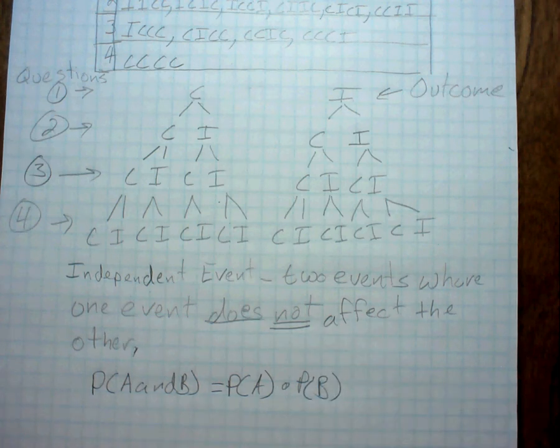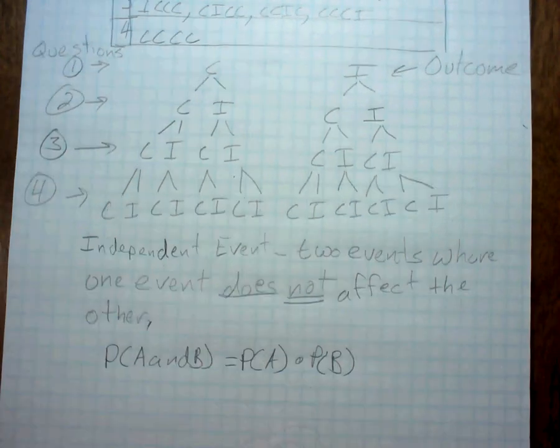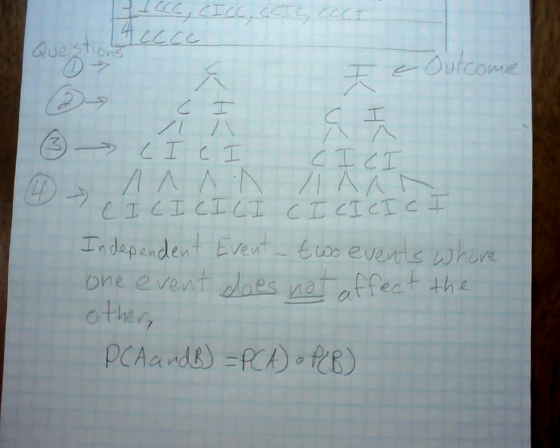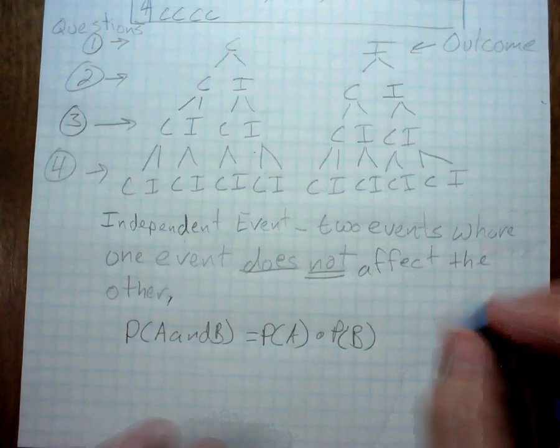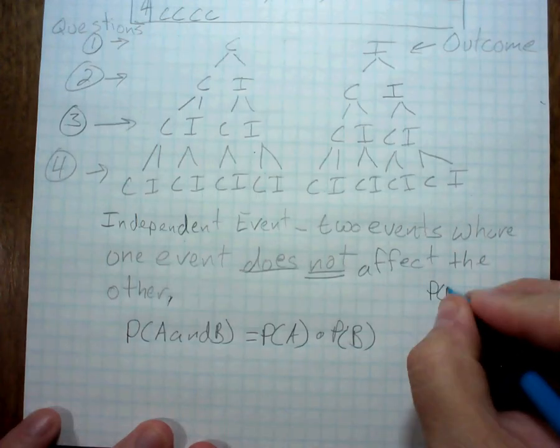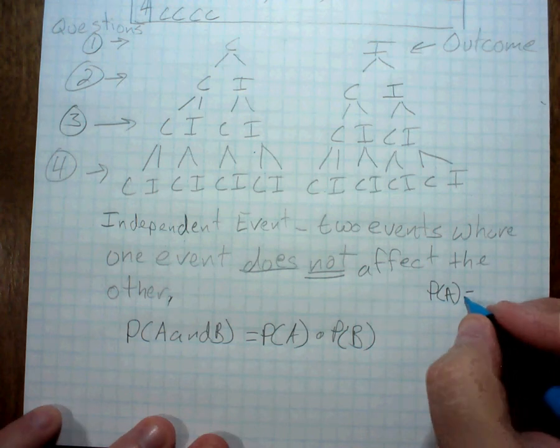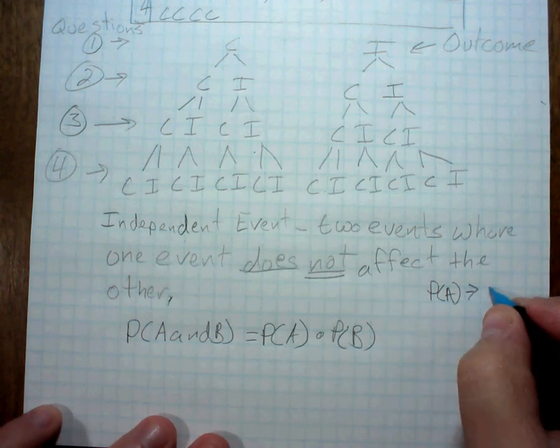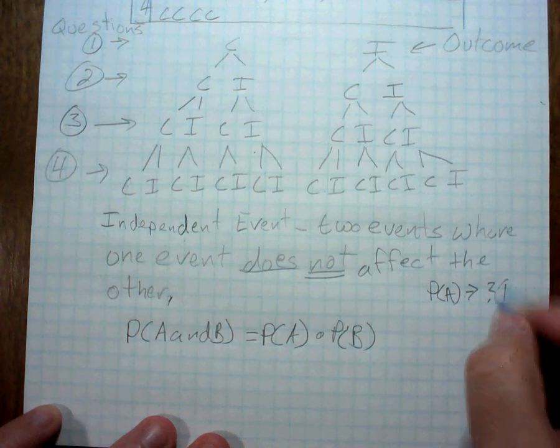Example number one says, and I'll read this out loud straight from the textbook: a student taking a quiz randomly guesses the answers on 4 true-false questions. Use the sample space to determine whether or not guessing one correctly and guessing 2 correctly are independent events. So we're going to have 2 events. Event A, the probability of A, is question 1 correct.